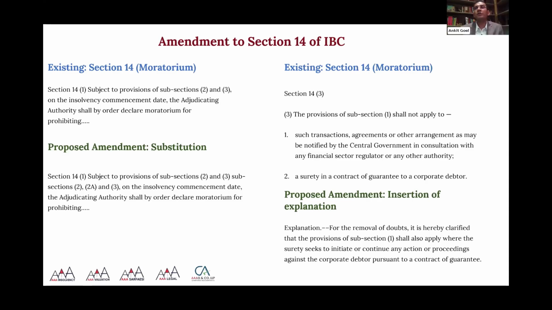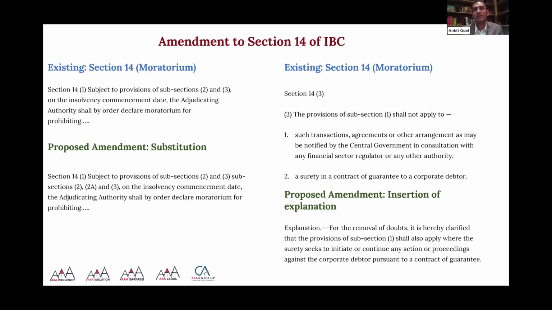I believe this 12A is one of the reasons why many CIRP cases are stretched and get prolonged. In one of the cases where I am the RP, the 12A proposal has been under consideration with the creditors for the past 8 months, after the liquidation application was filed.